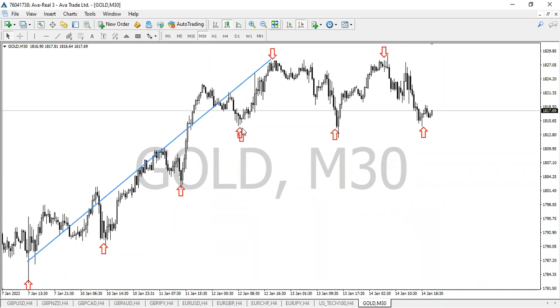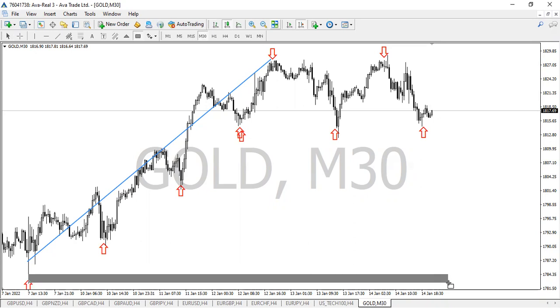Because we trade differently, other people will do something like this. They will say this is their key level number 1.